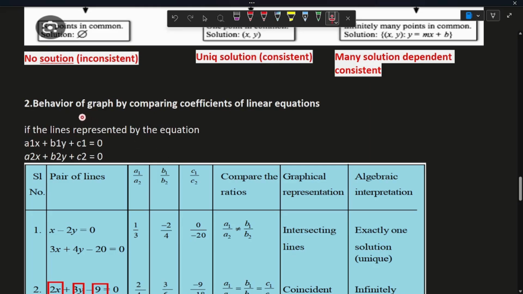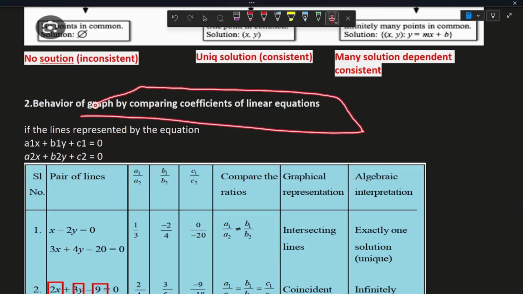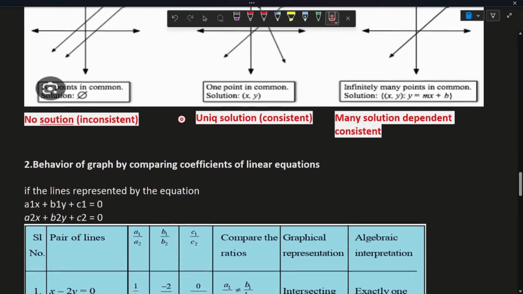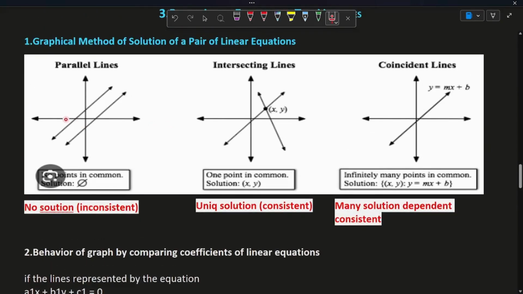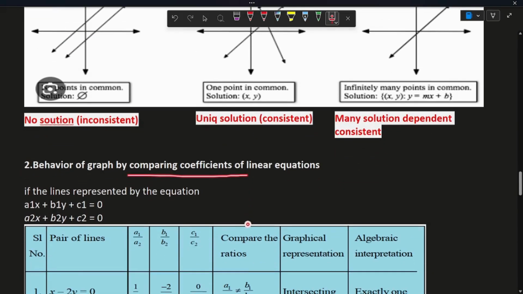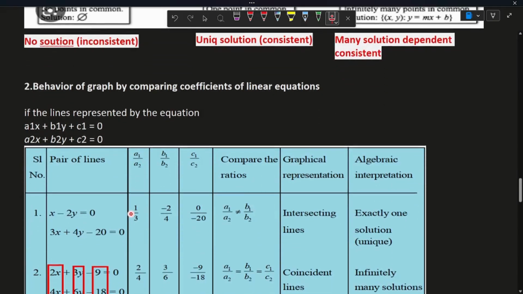The behavior of the graph by comparing the coefficients of linear equations. The behavior of linear equations can be concluded from the graphical representation as well as by comparing the coefficients. For example, observe this. These are the two general expressions of two different linear equations.